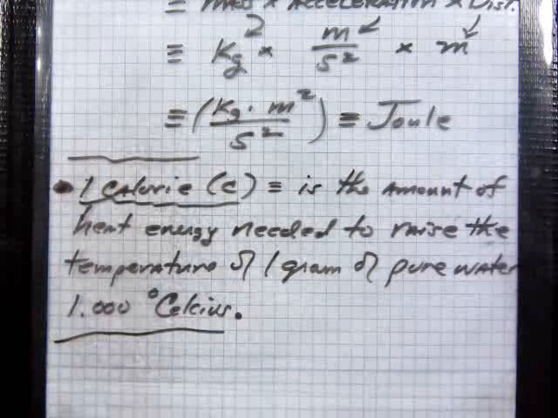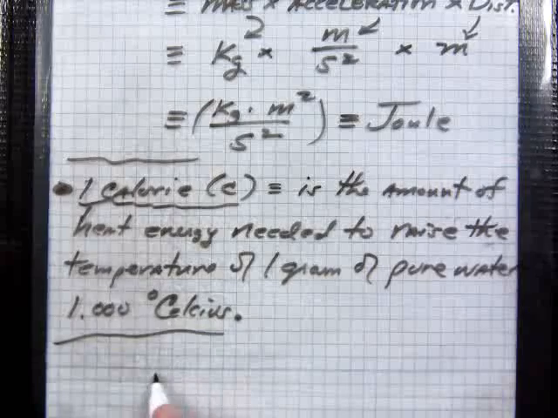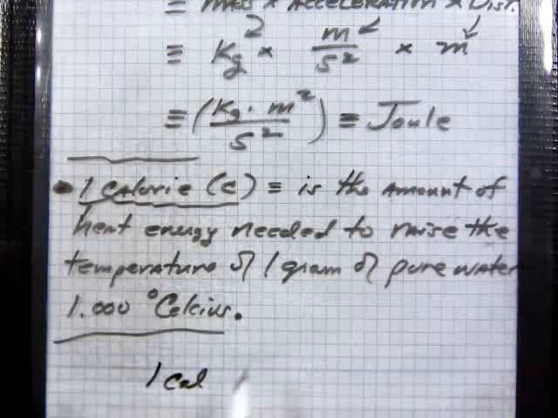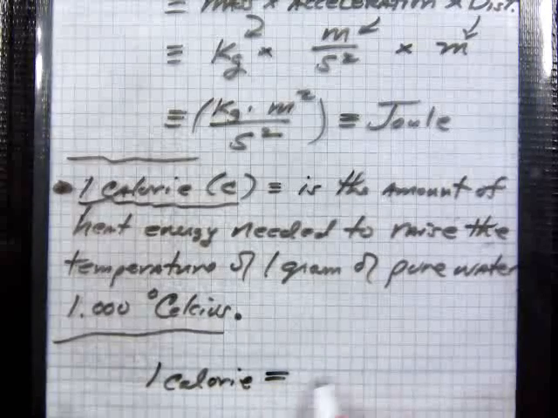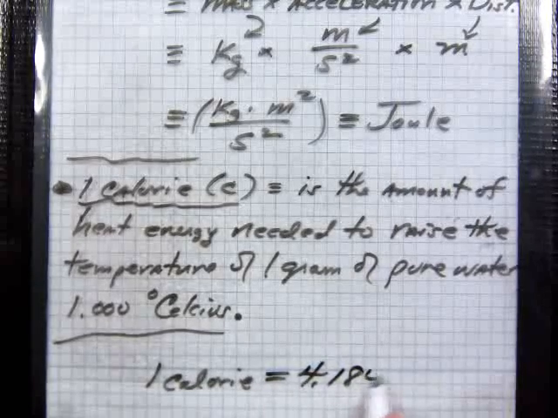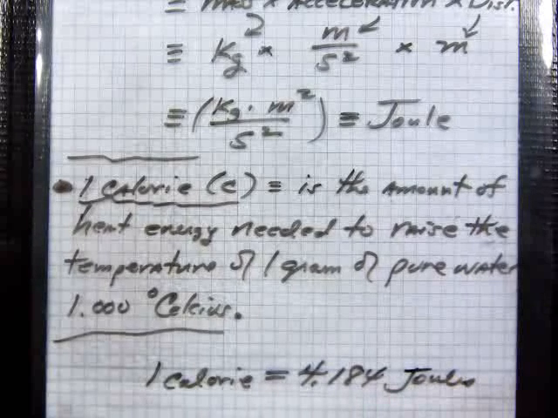The relationship between the calories and the joules is what we're interested in for making conversions. That is, 1 calorie, lowercase calorie, is equal to 4.184 joules. A kilojoule is 1,000 times that.